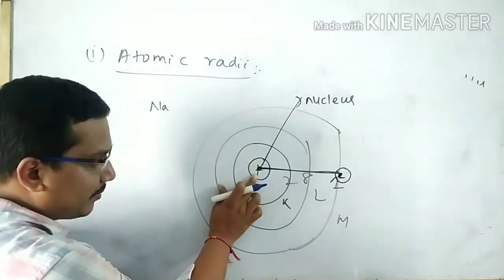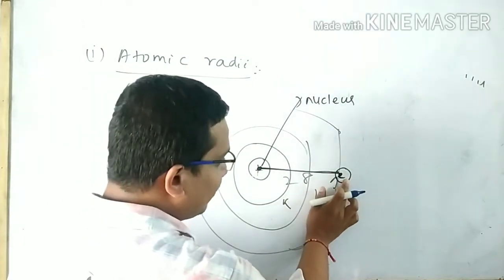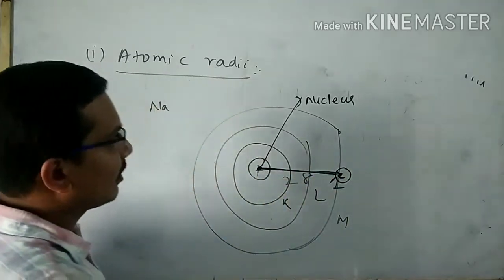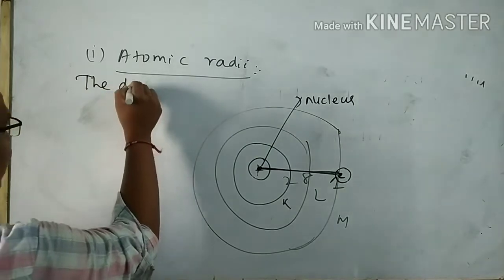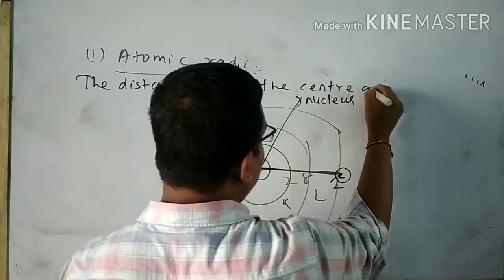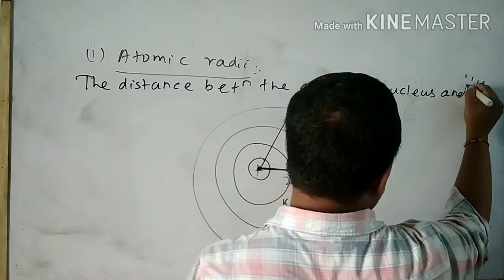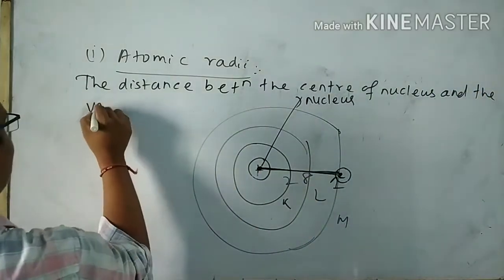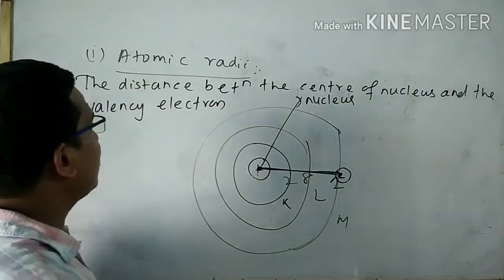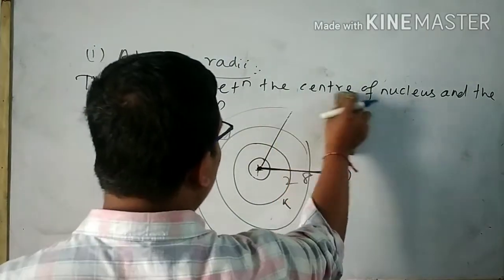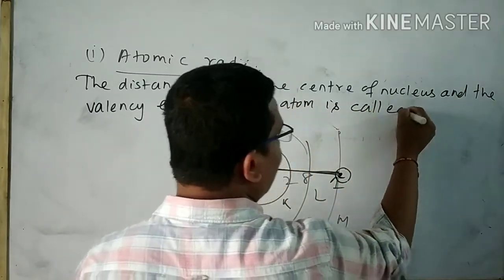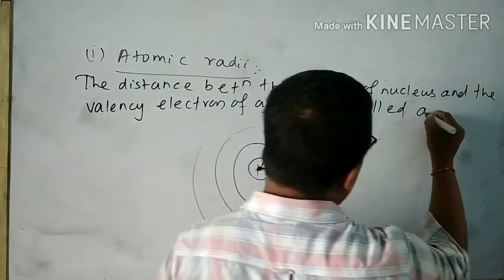The distance between the center of the nucleus and the valence electron of an atom is called atomic radii.